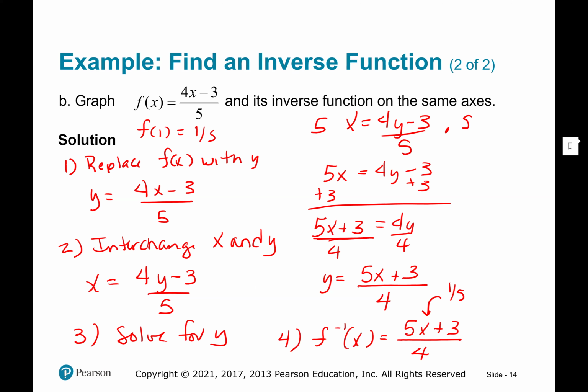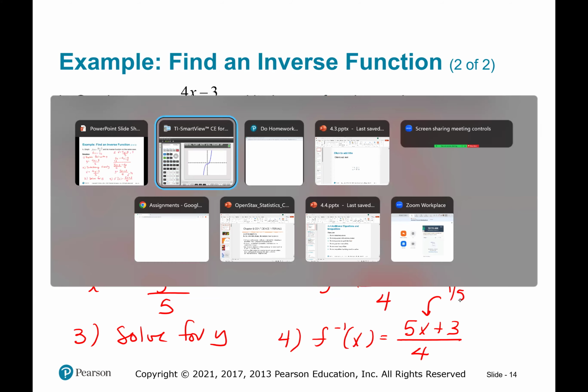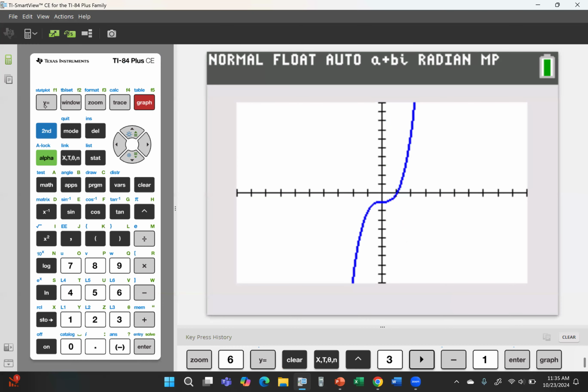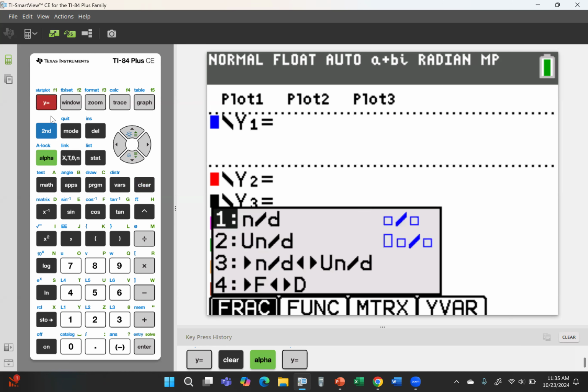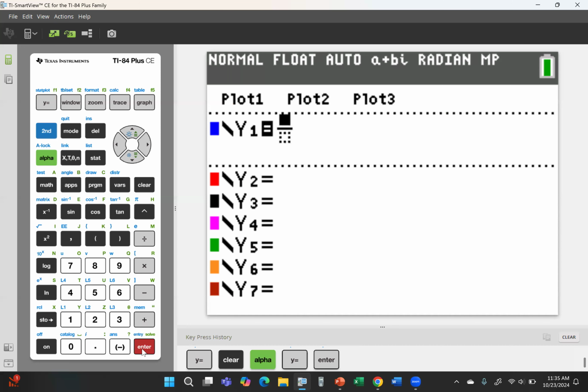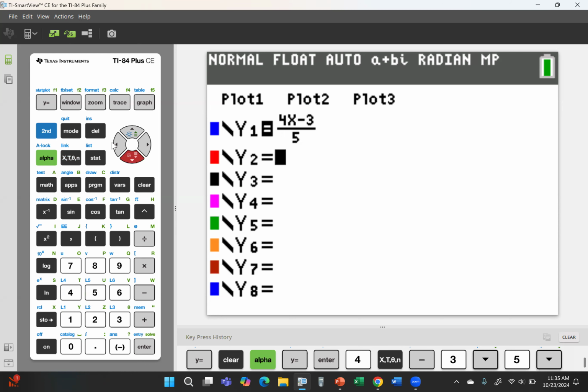Let's graph them. Okay, so let's graph f. And I'm going to use my fraction. So alpha y equals number 1. And f is what? 4x minus 3 over 5. And then let's graph the inverse.